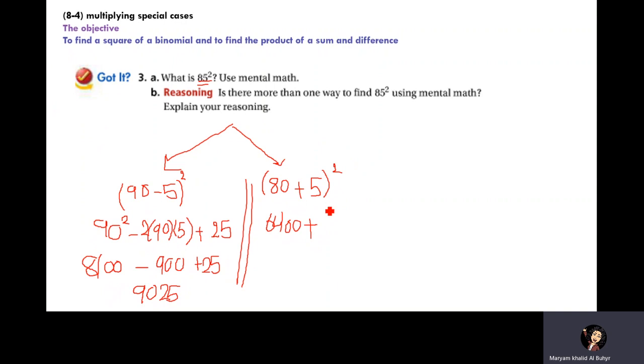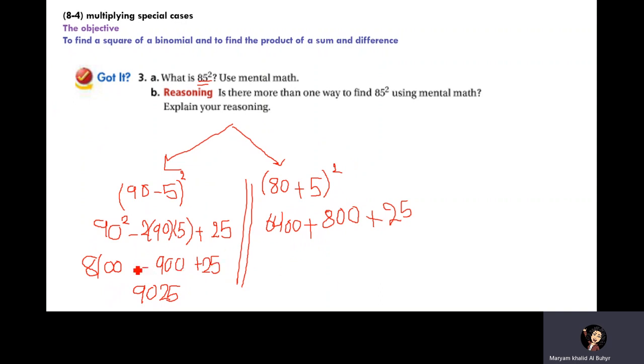So that will be 800 plus 25. Once you add this one with the others, you will get exactly the same as this result.